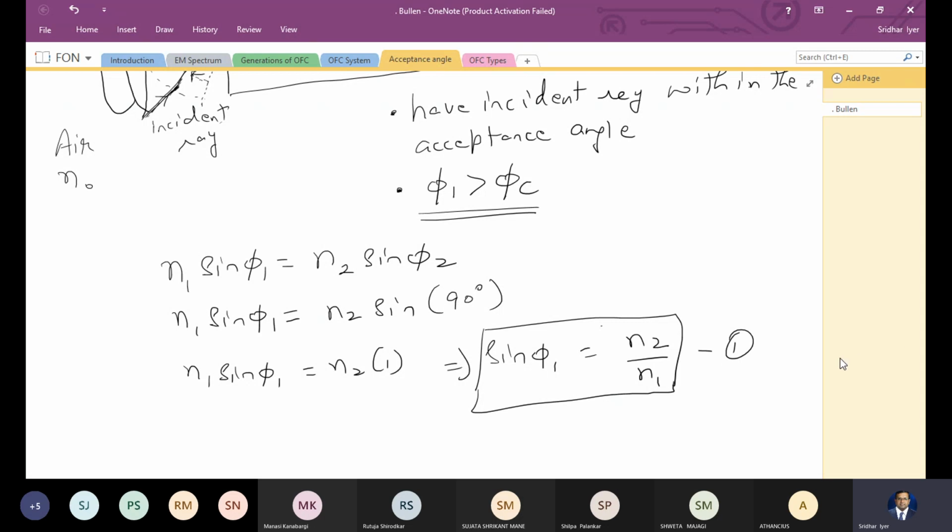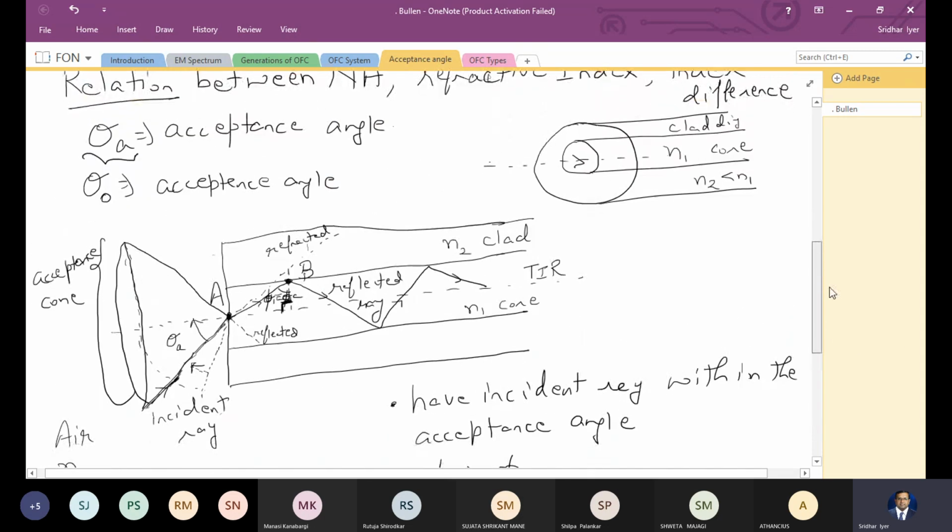Okay. Now, let us look at the other angle. The angle between the reflected ray and the horizontal, this angle here, is theta 1. Therefore, the angle between the cladding and the incident ray here is also theta 1. They will both be the same angle.